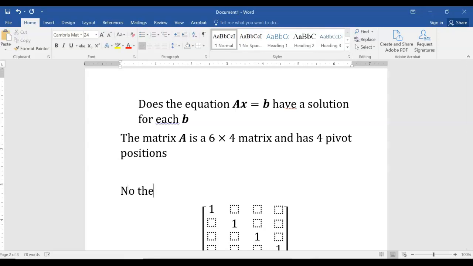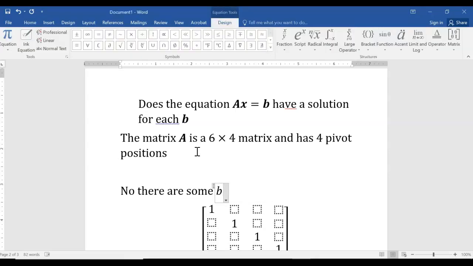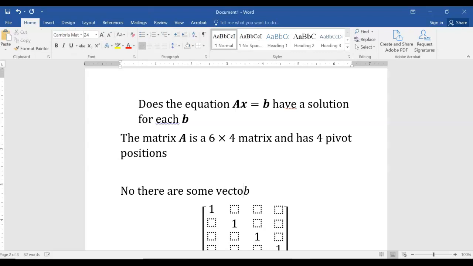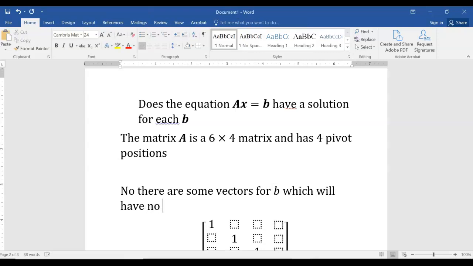No. There are some vectors for B which will have no solution. Okay? So there are some vectors here that are going to wind up giving us a no solution case.